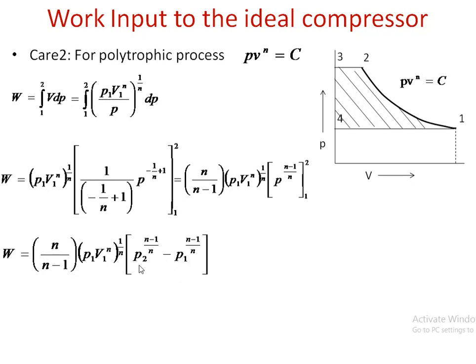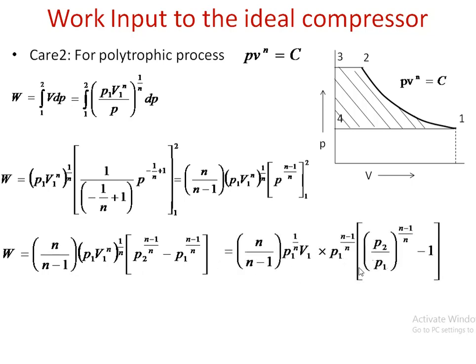If I take P1 outside, this will become minus 1. This will be P2 by P1 to the power n minus 1 by n. I have P1 taken outside, so I will write here P1 to the power n minus 1 by n. So this term I simplify.